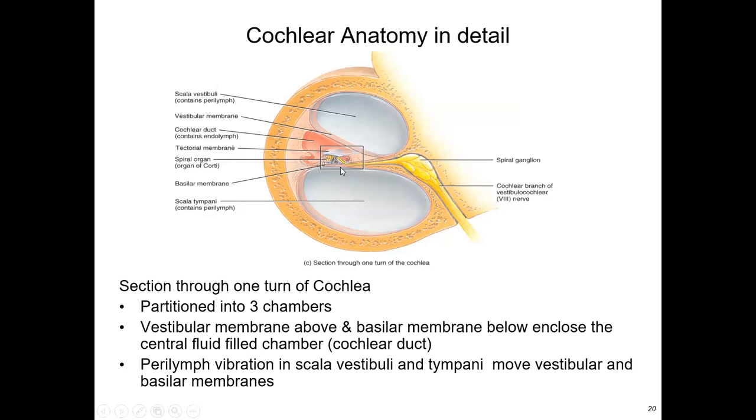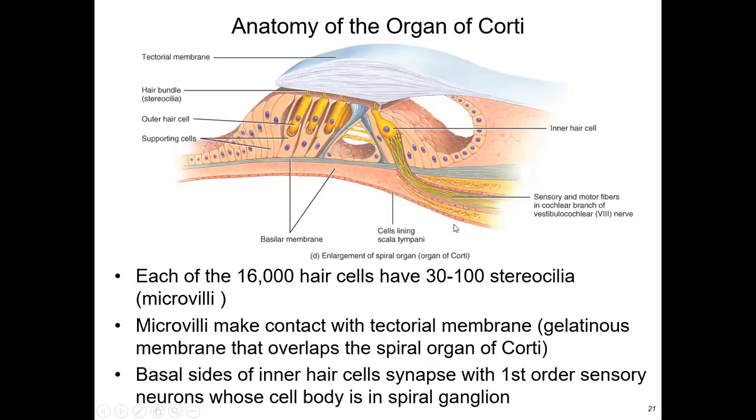And this entire structure, you'll see this on the animation, will be moving up and down when pressure waves are moving through the scala vestibuli and tympani. It's also a good illustration how nerve impulses are collected from the organ of Corti, the cranial nerve 8 bundle reaches that point.